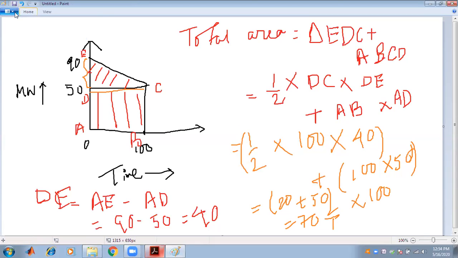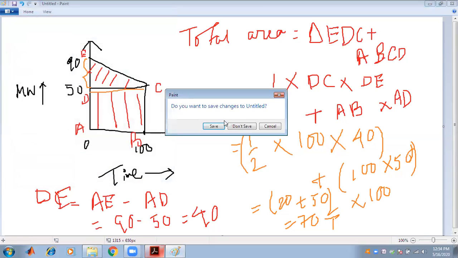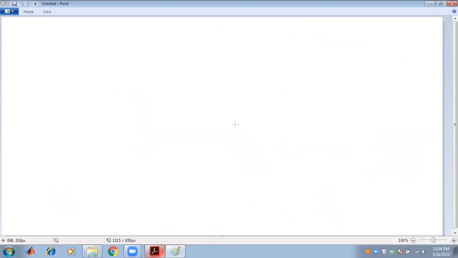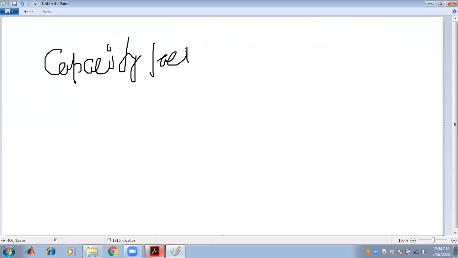Now we have to find the capacity factor, or plant factor, of the plant.